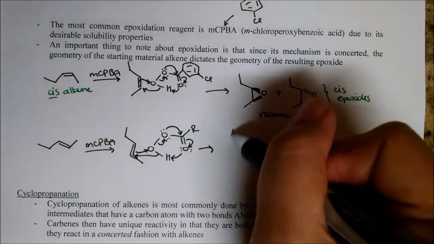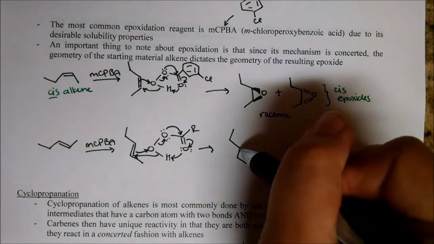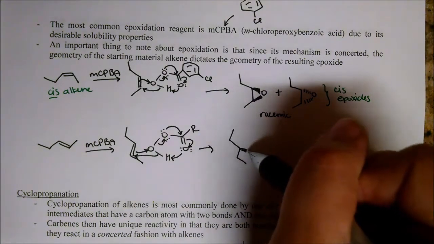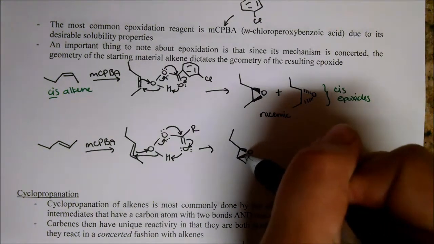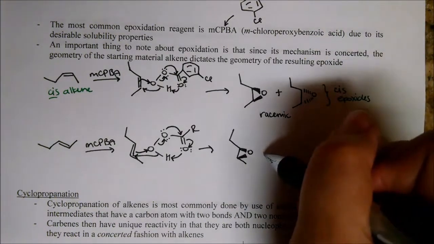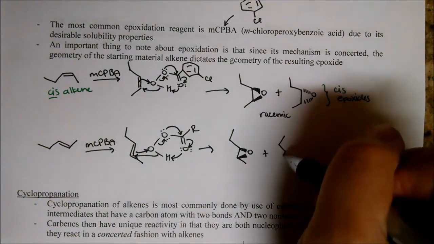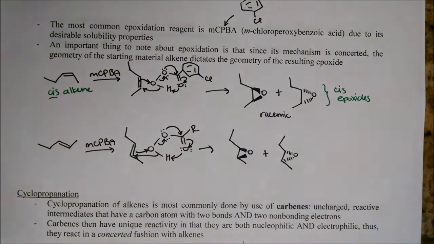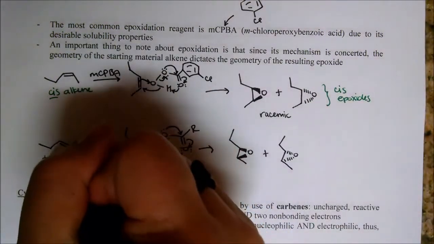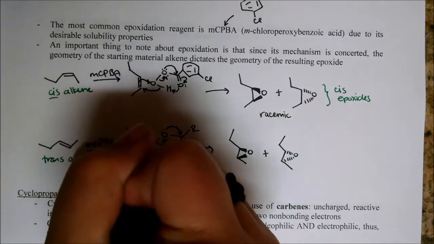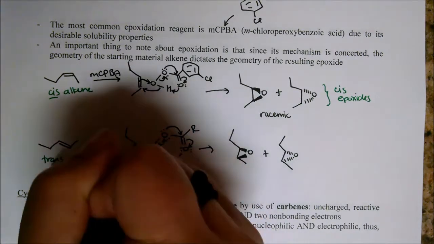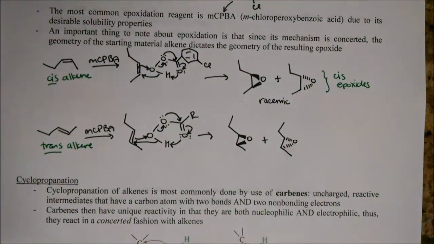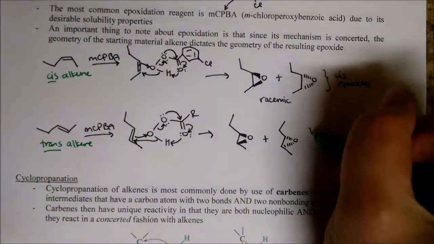And importantly, whoa, we started with a trans alkene, so we're going to get a trans epoxide out, okay? Again, we can react with the top or on the bottom, but importantly, again, we started with a trans alkene here, and so we get trans epoxides out.